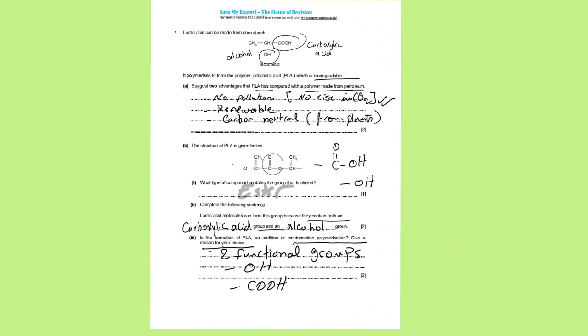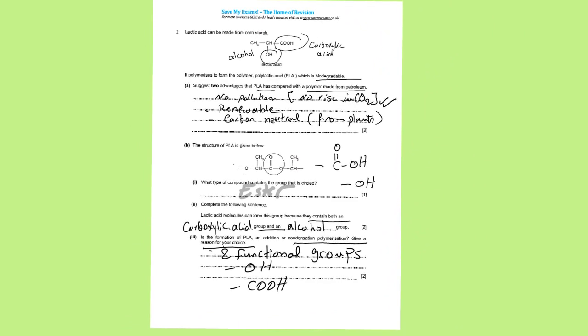Anyone didn't get it? Which point? It does have both groups, right? The carboxylic acid group and the alcohol group. The condensation happens between them to form the ester. How does the ester bond happen?